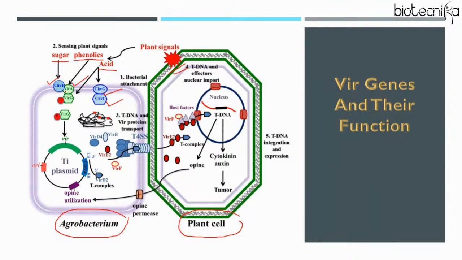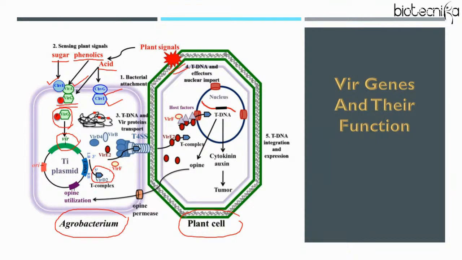Now, once your Vir A is activated, they will phosphorylate the Vir G gene, making it activated. And once your Vir G is activated, they will switch to the virulence region of the Ti plasmid to activate the rest of the virulent genes. Now, here you can see the tDNA is getting released from the Ti plasmid. So, once it is excised from the Ti plasmid, towards the 5' end, Vir D2 is bound.